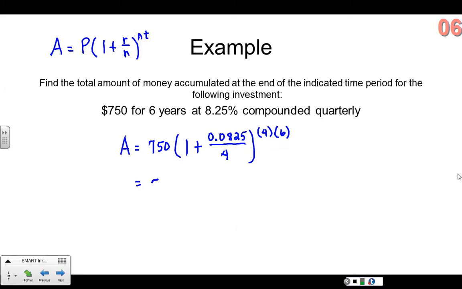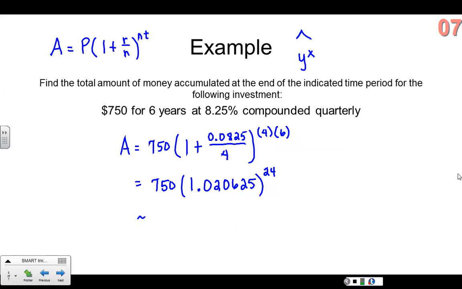So let's work this out a little bit. 750 times 1 plus, divide on your calculator, 0.0825 divided by 4. And I got 0.020625. And that will be to the 24th power. So again, your exponent key on your calculator may be the caret symbol, or it may be like y to the x, one of those type buttons.